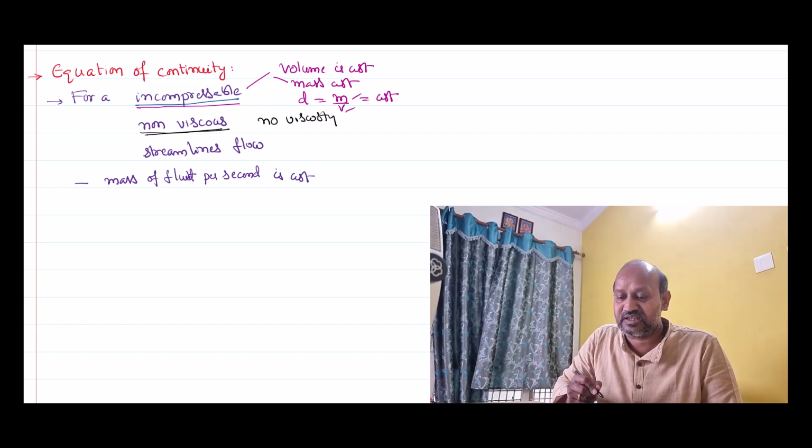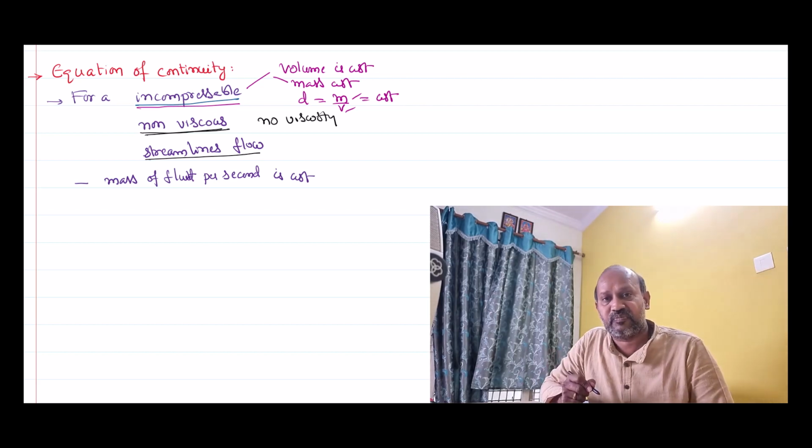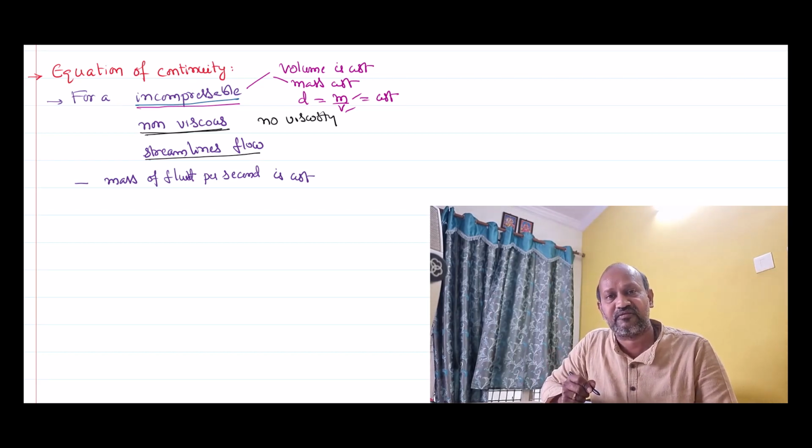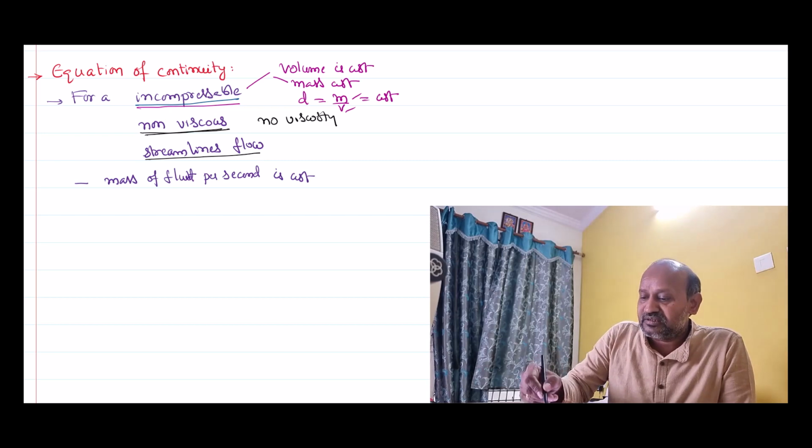The third case is that it's a streamlined flow, organized flow, regular flow, laminar flow. There are so many names. All these names simply tell you one thing. Let me explain the meaning of that. This is the fluid flow. This is a point in the system.